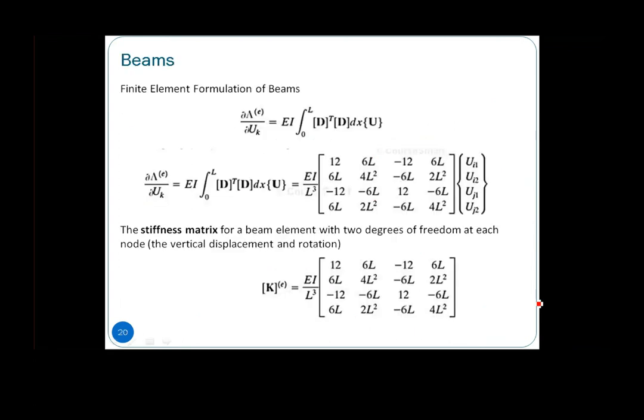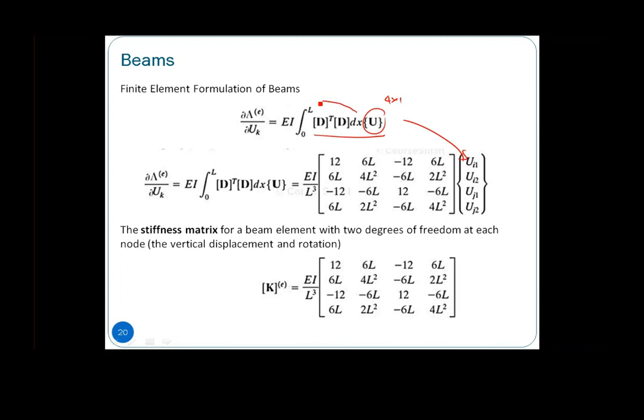All right. Then this U will be the 4 times 1, which is this one, right?